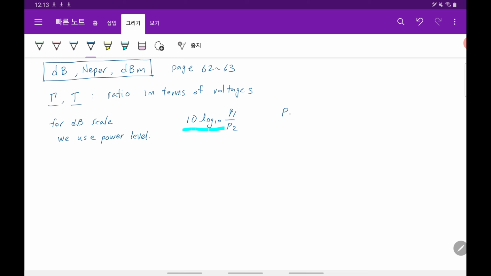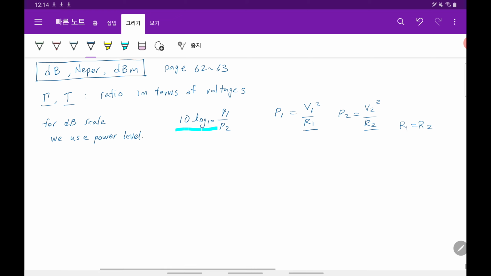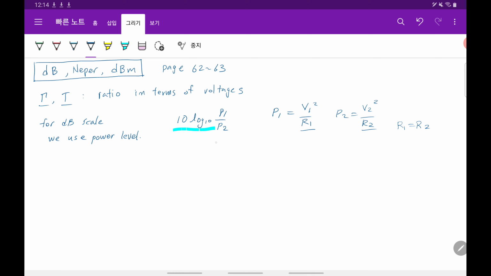So if we represent this power 1 as P1 square over R1 and P2 as P2 square divided by R2, and if we assume that R1 and R2 are the same for this system, then the P1 P2 ratio is proportional to V1 square and V2 square, right?